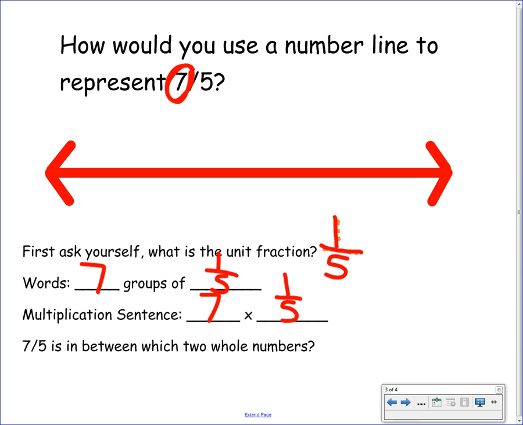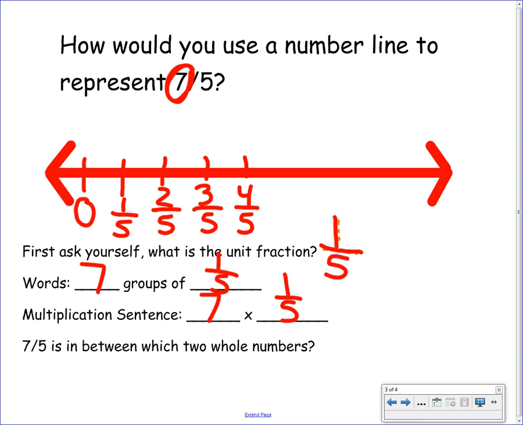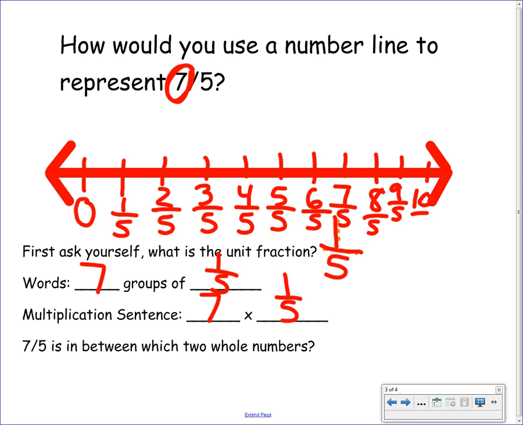So we're going to look at this on a number line. Remember, our number line always starts at 0, 1/5, 2/5, 3/5, 4/5, 5/5, 6/5, 7/5, 8/5, 9/5, and 10/5.